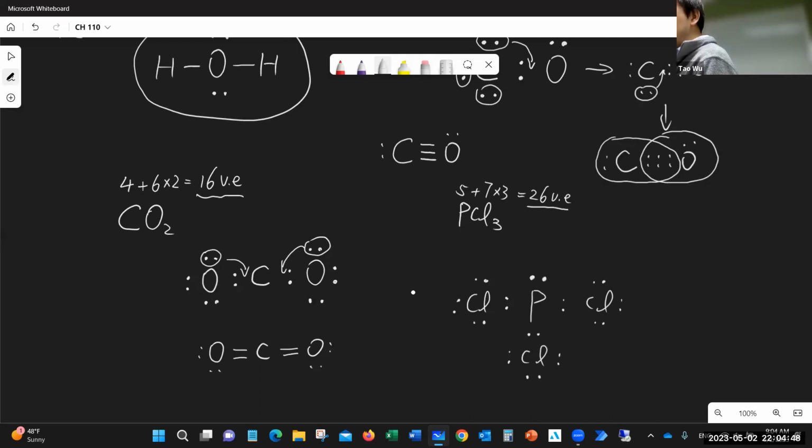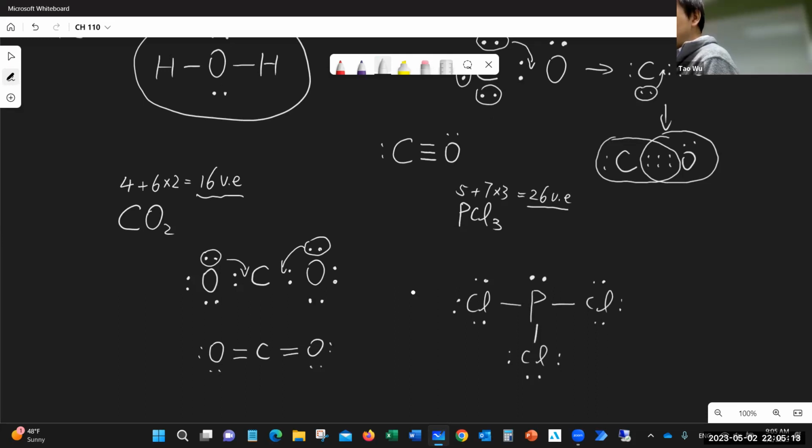So in this case, you will see chlorine octet, octet, octet, and phosphorus also follows the octet. That makes sense, right? Okay, so then you're going to turn the shared electrons into a single bond, because they only have 1 shared electron.